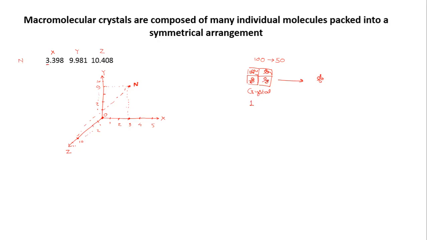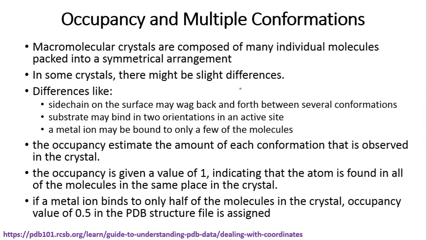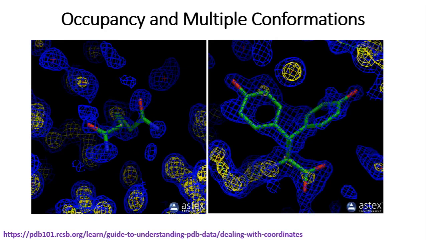If the atom is present only in half of the molecules in your crystal, the occupancy would be given the value of 0.5. An occupancy of 0.5 indicates that the atom is present in the same location in only half of the molecules. That is what occupancy means. For example, if a metal ion binds to only half of the molecules in the crystal, the occupancy value would be 0.5. This is how the occupancy might be represented in your electron density map.